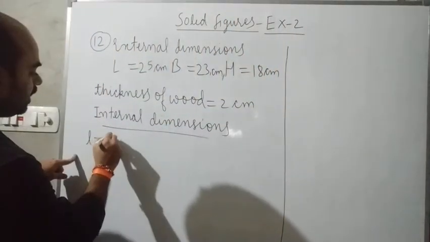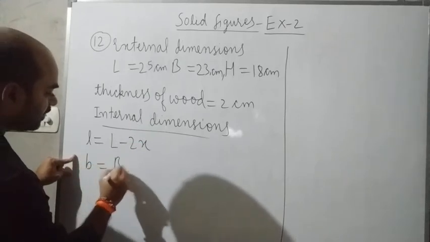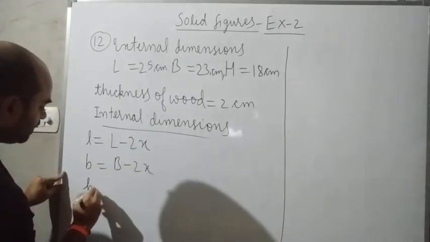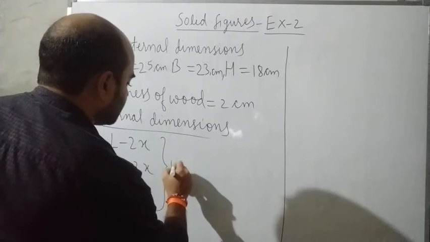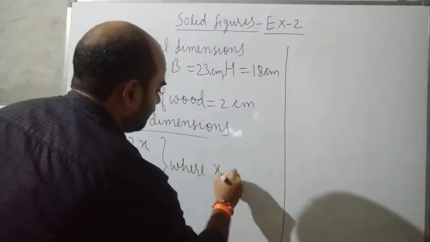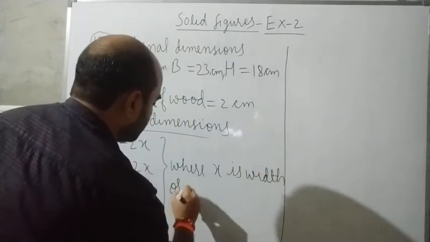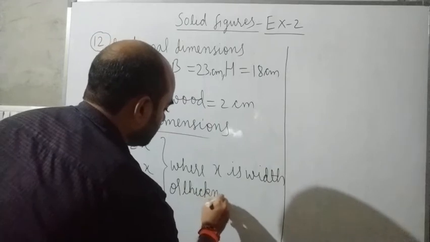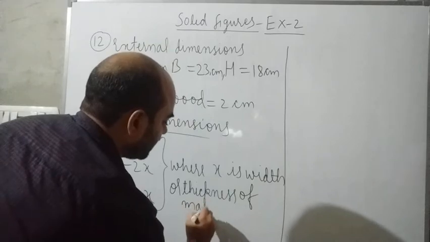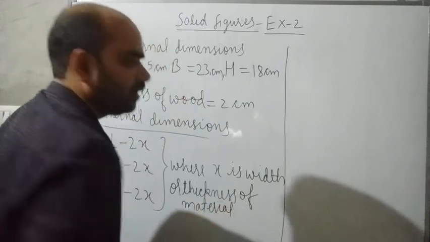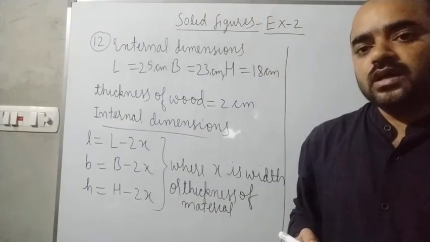The formula is: small l equals capital L minus 2x, small b equals capital B minus 2x, small h equals capital H minus 2x, where x is the width or thickness of the material. Material means whether it is wood, clear? Width or thickness of the material, whether it is wood or iron or any metal.